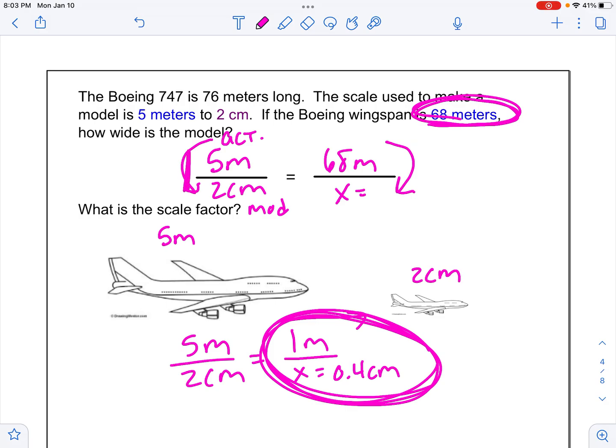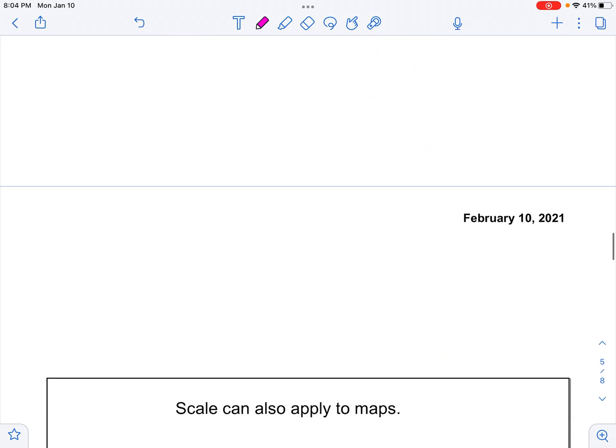So the relationship this way is between the actual and the model, and the relationship this way is actual to actual. So let's do some cross multiply divide. I have 68 times 2 divided by 5. So I end up with 27.2 centimeters. So the relationships still work the same way in the proportion. Again, the relationship is between the actual and the model, and that has to hold true on both sides of that proportion.